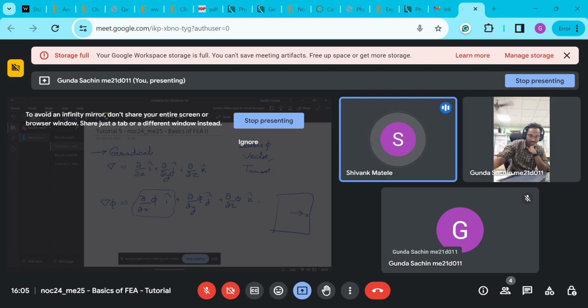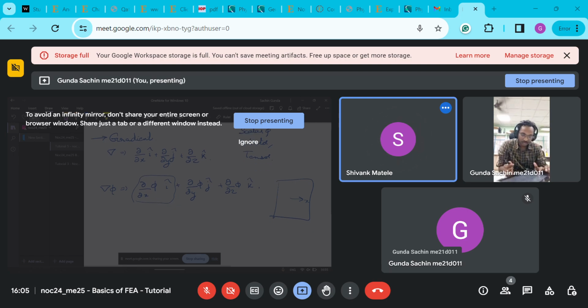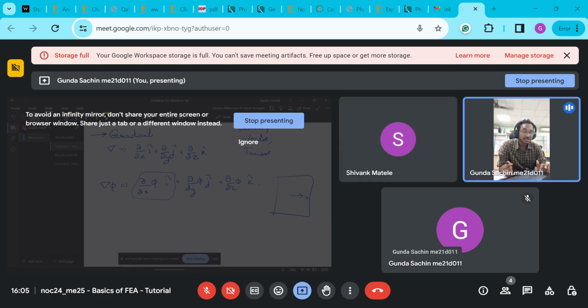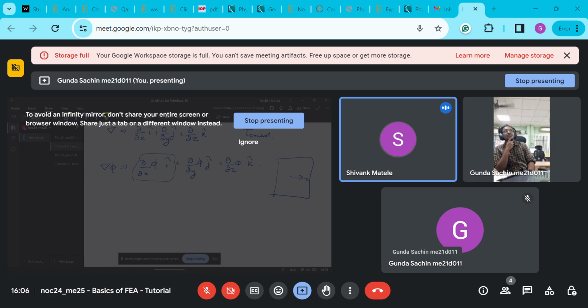They gave an example of a steep slope, moving in one direction. Okay, direction of maximum change.